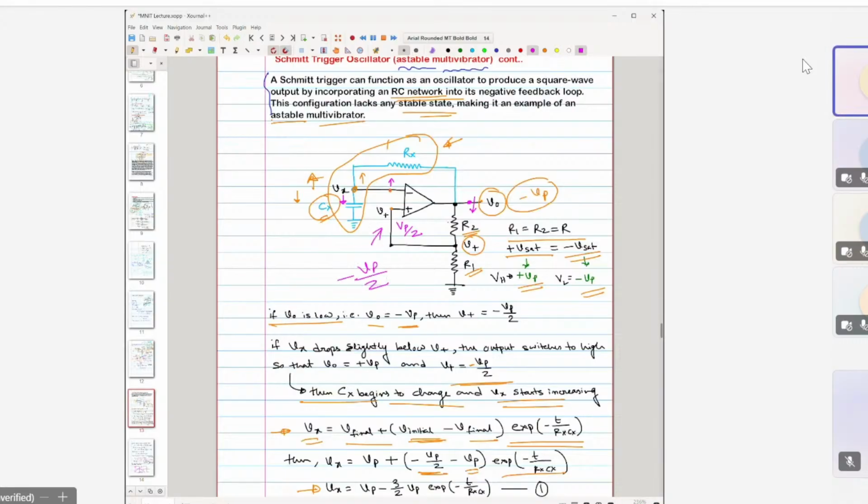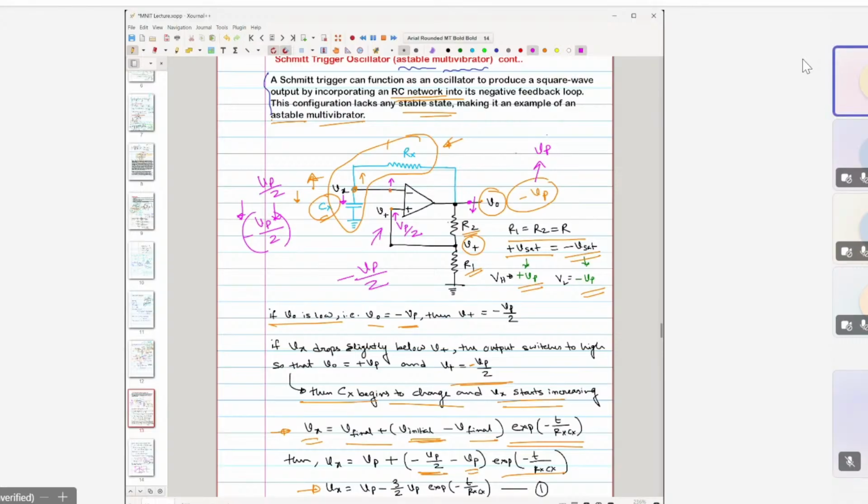Now you see this voltage is falling from plus Vp by 2 to minus Vp by 2. When it reaches minus Vp by 2, the comparator action kicks in, and as this voltage has now become higher, it would make this output voltage transition from minus Vp to plus Vp.